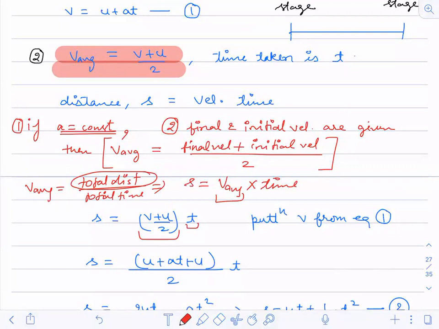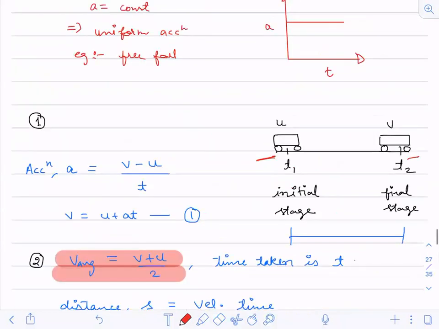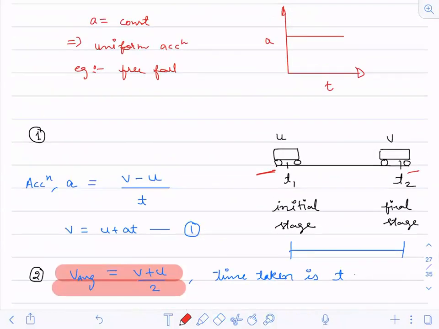This time T is given to you. What is T over here? It is T2 minus T1 equals T, the change in time, the time taken. If you want, here I am also writing V minus U, T2 minus T1.